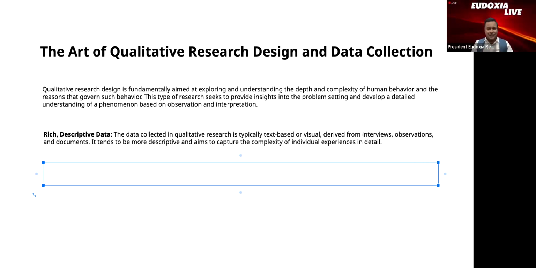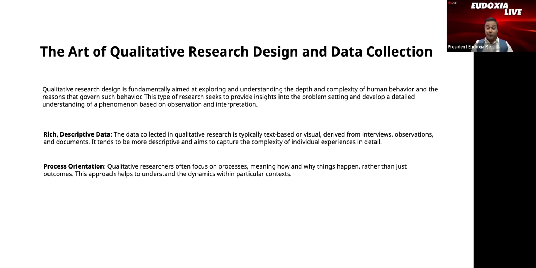And these are the fundamental steps, which you should have before data collection. Then we will move forward to data collection, how you can collect the data. But before that, we need to understand that process orientation is important for the researcher in qualitative research design.